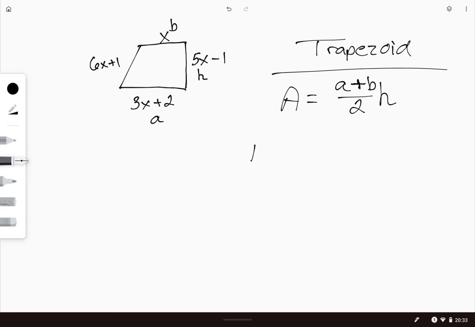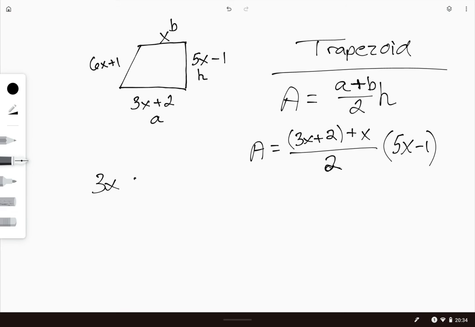All right, so now I simply put all this into my formula. So A is going to be 3x plus 2 plus B, which is x, divided by 2. And then all of this is going to be multiplied by your height of 5x minus 1.